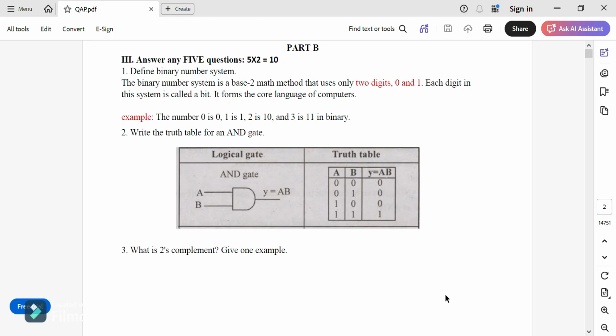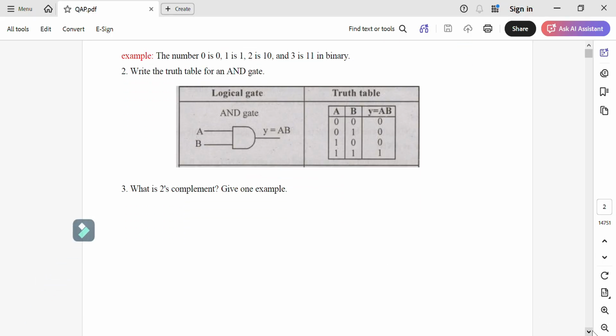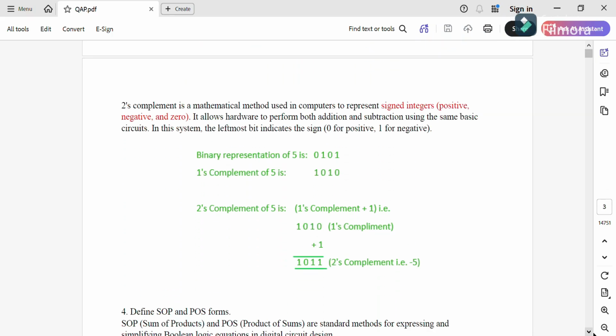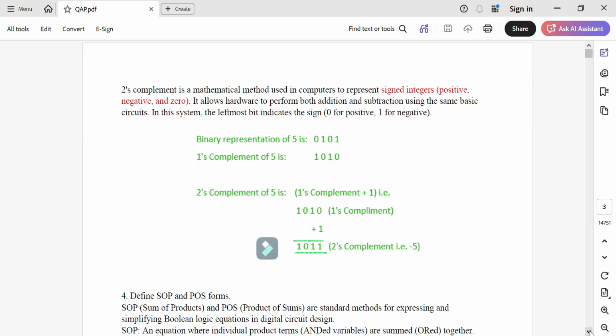Next, the third question is what is 2's complement? Give one example. 2's complement is a mathematical method used in computers to represent signed integers, whether positive or negative. It allows the hardware to perform both addition and subtraction using the same basic circuits.